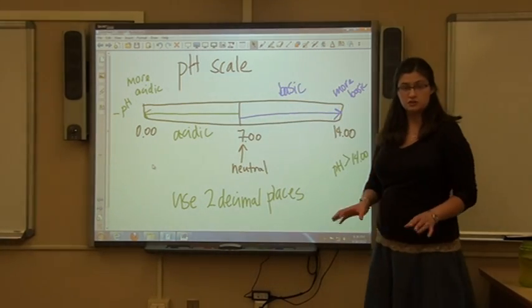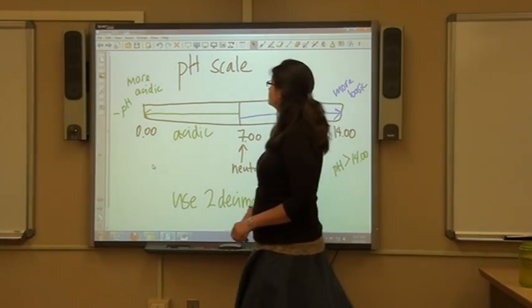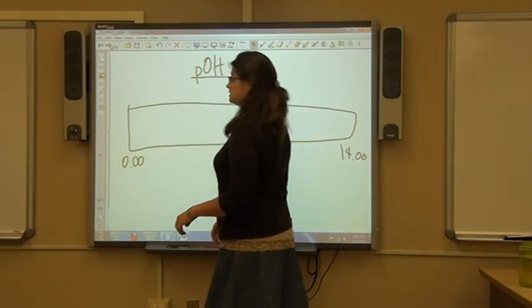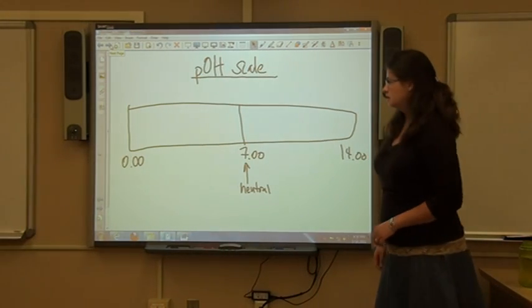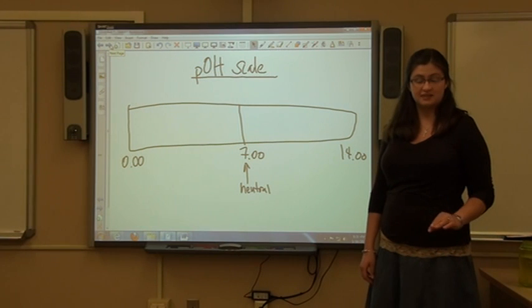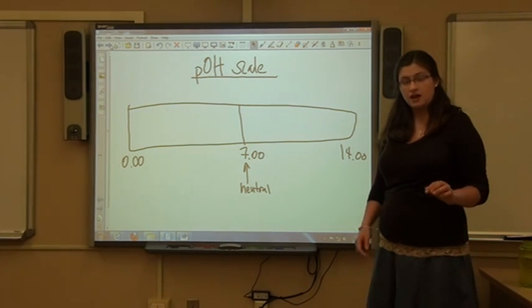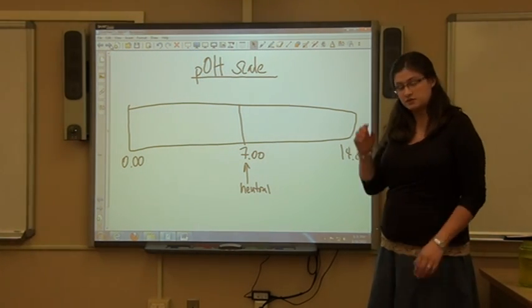There's another scale that's almost exactly like pH, and that's the pOH scale. The pOH scale is set up exactly the same, except that the regions are reversed.